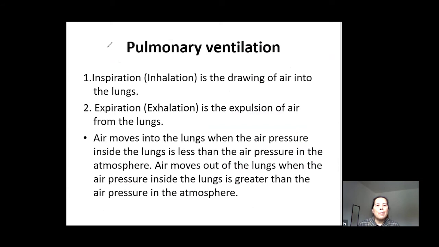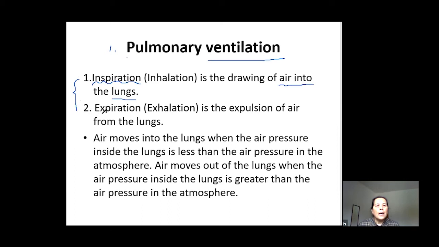So when we're talking about the first step, pulmonary ventilation, it still includes two parts. One part is inhale, inspiration, which means taking air into the lung.